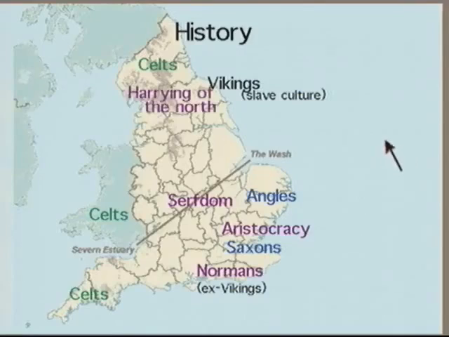Then what happened? William the Norman conquered the Anglo-Saxons in this area, and then he came up, and the people in the north refused to acknowledge him as king. So he went up with a cruel campaign of harrying the north.